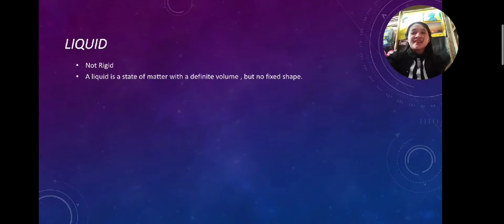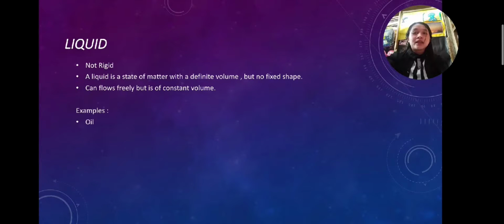What is a liquid? A liquid is not rigid. It is not strong, it is just a fluid. A liquid is a state of matter with a definite volume but no fixed shape. A liquid can flow freely but has a constant volume.